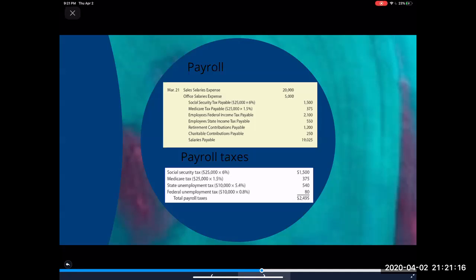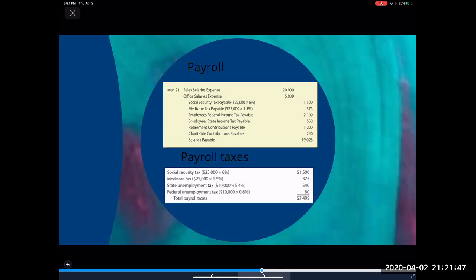And the Medicare tax is $375, and so is the one at the very top. Remember, they must match the FICA. And then the employer is also subject to SUTA and FUTA, right? We get all of these rates again from the prior slide. I don't have a slide dedicated to payroll taxes, but I do have an example, okay? So just take a look at this format.